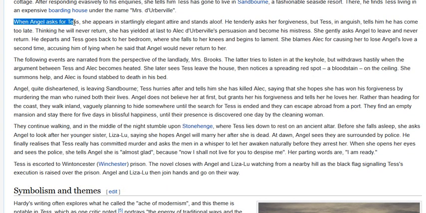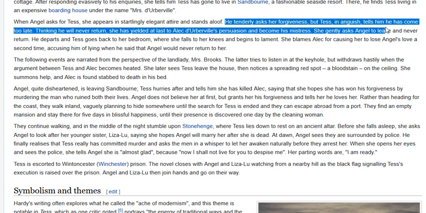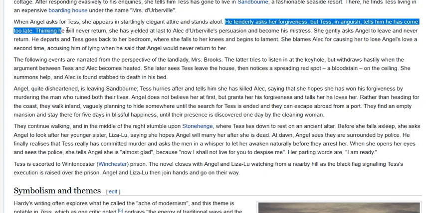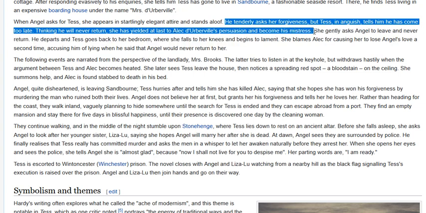When Angel asks for Tess, she appears in startlingly elegant attire and stands aloof. He tenderly asks her forgiveness, but Tess in anguish tells him he has come too late, thinking he would never return. She has yielded at last to Alec D'Urberville's persuasion and become his mistress.